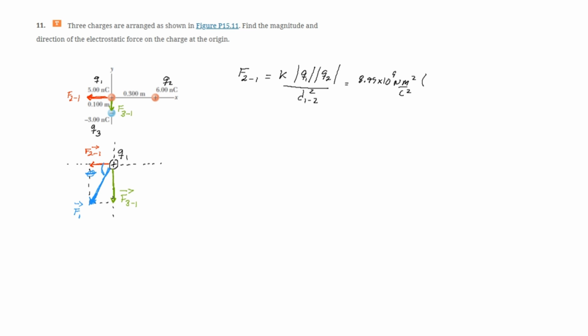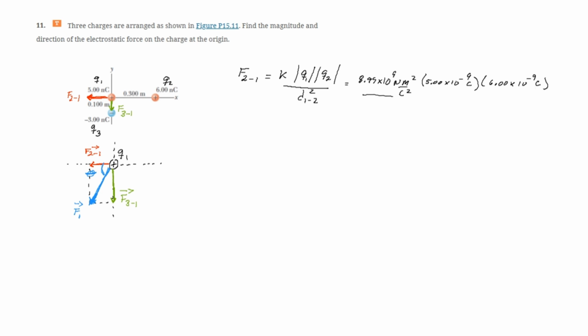So I have 5 nanocoulombs, that is Q1. Nano is 10 to the negative 9, so it would be 5.00 times 10 to the negative 9 coulombs, because I have to convert the nanocoulombs into coulombs. And then also I have 6.00 times 10 to the negative 9 coulombs.